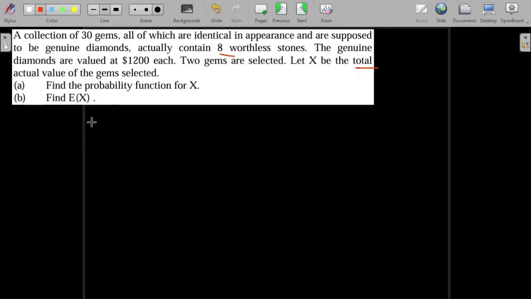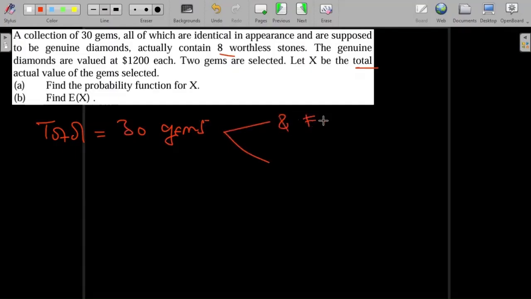Right, so let's collect the data that we've been given here. We are told we have a total number of 30 gems. Of these 30 gems, we have been told that 8 are worthless or fake, meaning that 22 are going to be real or genuine. If a diamond is worthless, the value it is going to have will just be $0, because it's worthless.